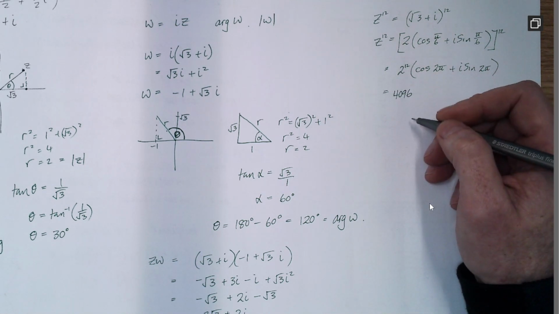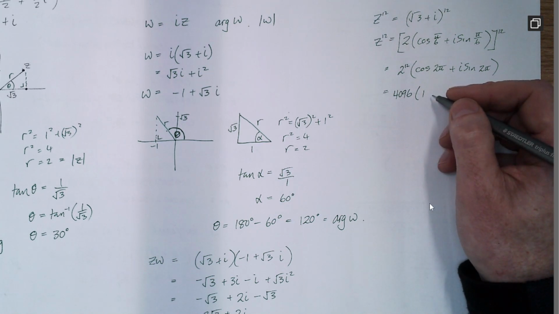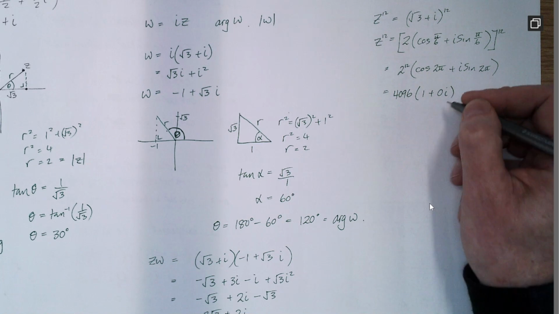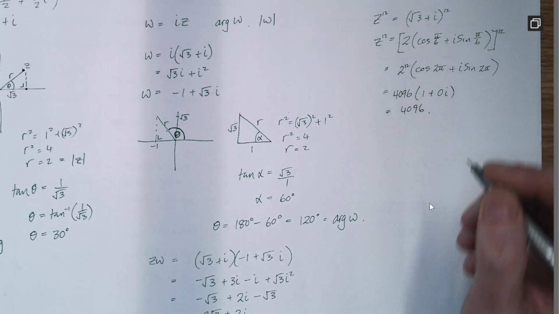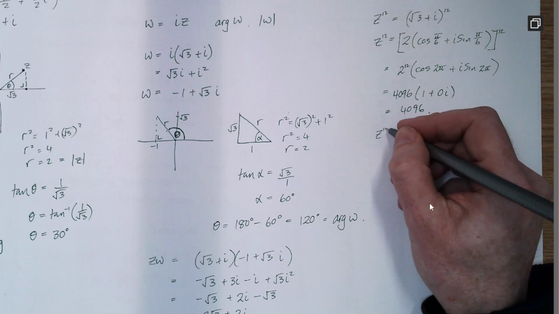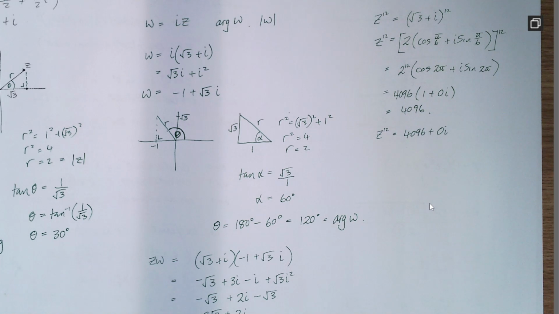Now cos of 2 pi, or in degrees cos of 360, is 1, and sine is 0. So we get 1 plus 0i. So it is 4096. So z to the power of 12 is 4096 plus 0i.